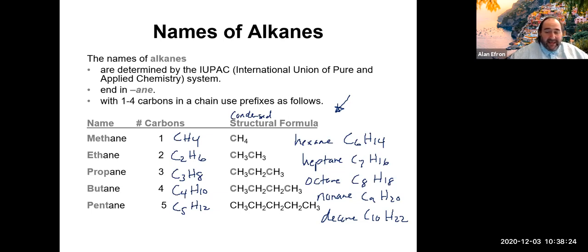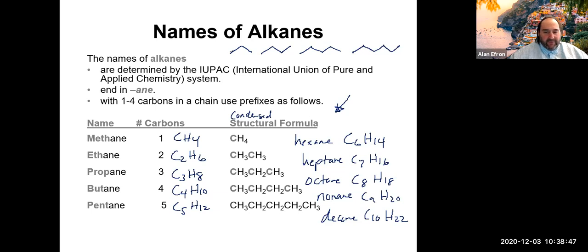You could represent these guys in line structure as well. So that would be propane. That would be butane. That would be pentane. Again, typically this zigzag approach. That would be hexane, right?